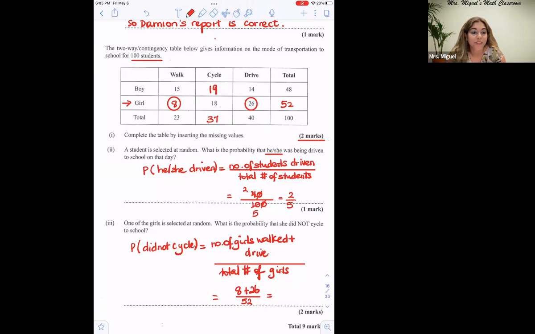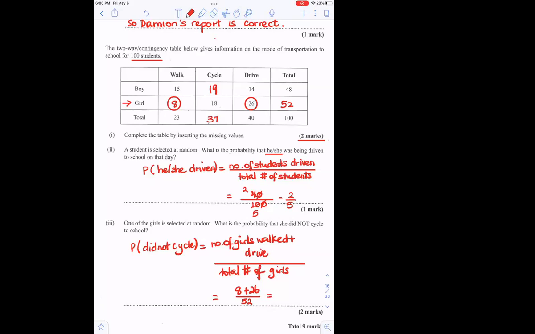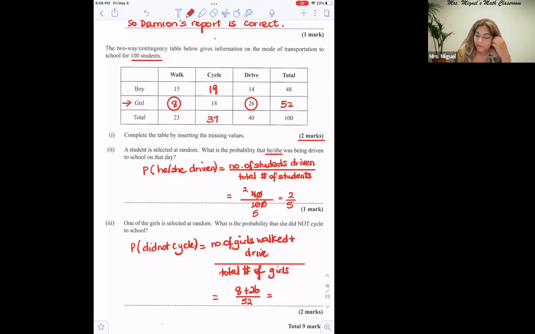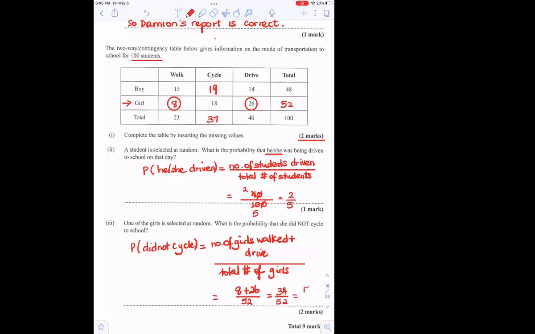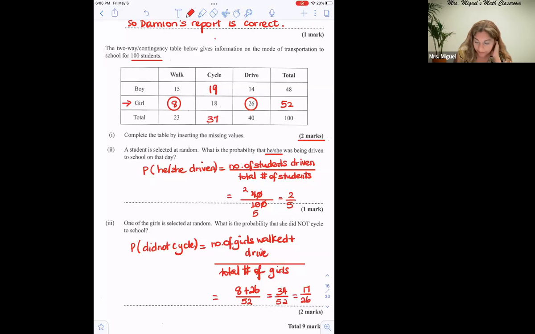Or what is the fraction, I should say? So let's add 8 plus 26, that is 34 over 52. This is 17 over 26. Did anybody get that?